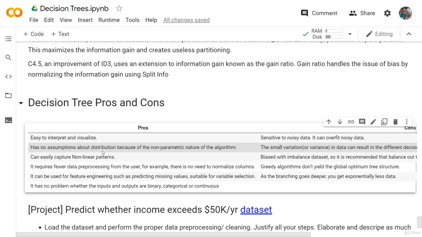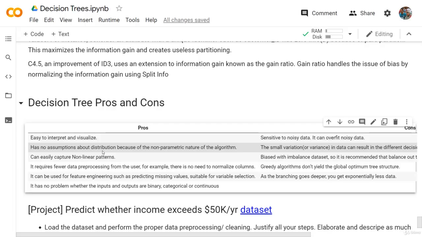While on the other hand, when we are looking at the decision tree, we can actually fit it using missing values, using corrupted data, using question marks, and so on. And even so, the decision tree works just fine, right? So data pre-processing is not required as much as in other algorithms.